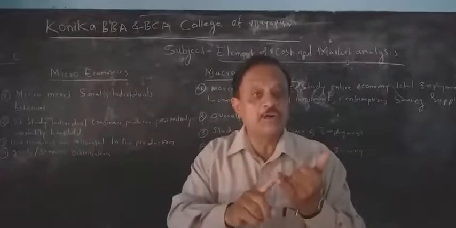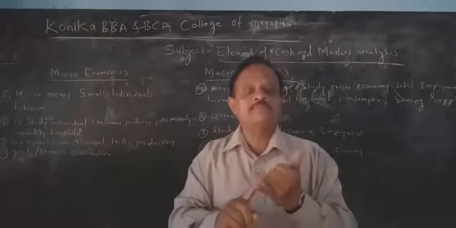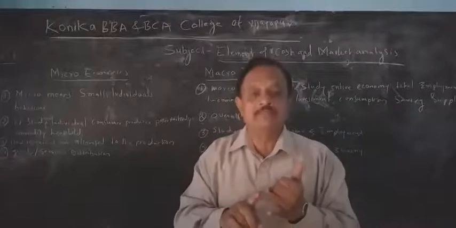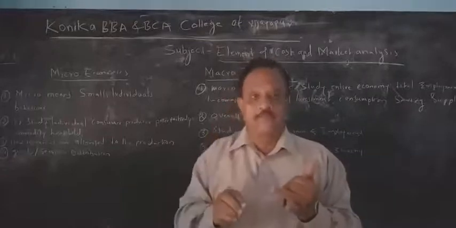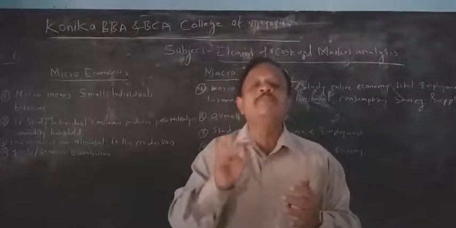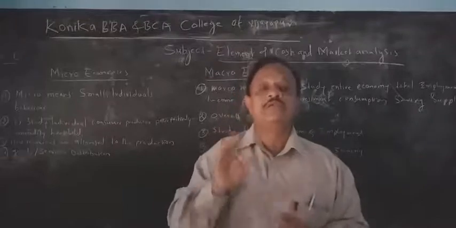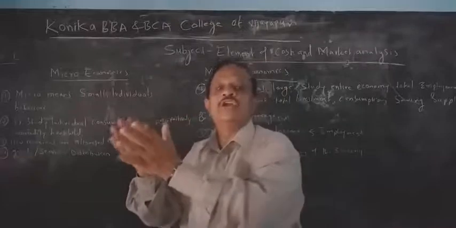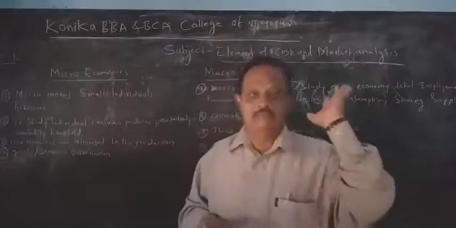Individually they study consumer behavior, the producer and what they are manufacturing, and the individual output and price of a particular commodity. Everything goes on a small basis, on the individual.